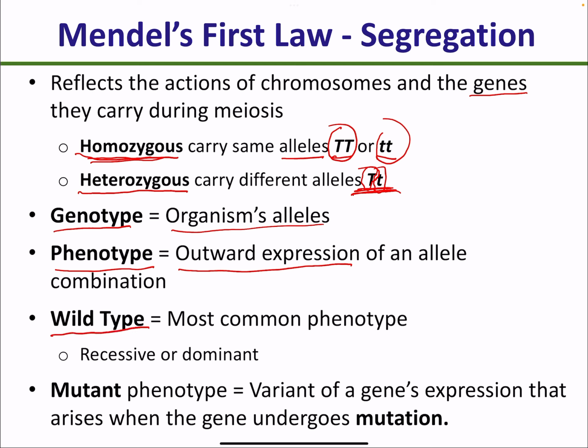The wild type is actually the most common phenotype in a given environment. That most common phenotype can be recessive or dominant; it depends. Now, mutant phenotypes are going to be variants of a particular trait, and that trait is going to be expressed.